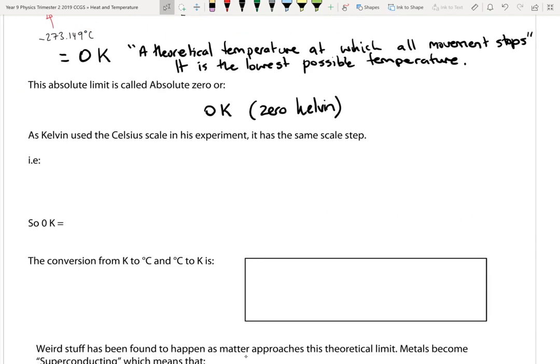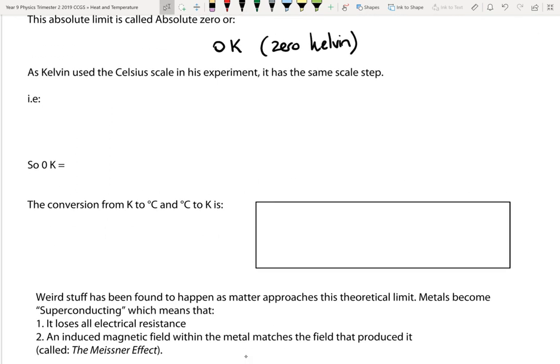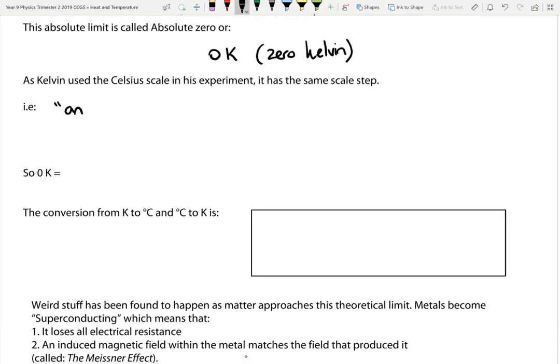Alright, so this is why it's a nice conversion: because Kelvin used the Celsius scale, it has the same scale step. So what I want you to write here is that an increase in 10 degrees Celsius is an increase in 10 Kelvin.